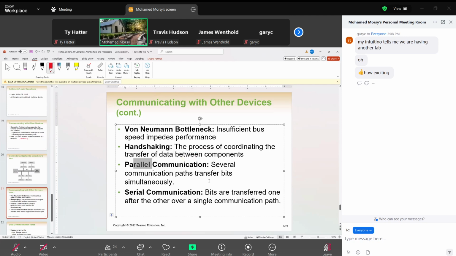Who remembers the advantage of using parallel communication? It's faster. Faster, perfect. And what's the disadvantage?